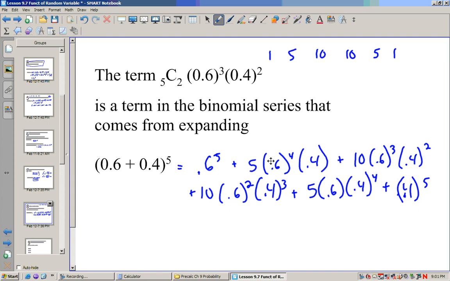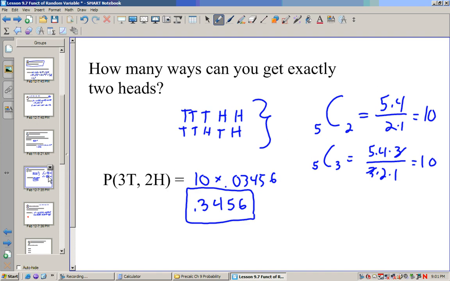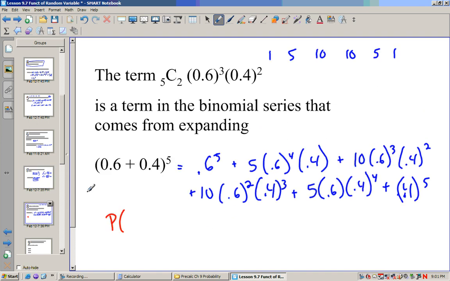Now each term represents a different probability. So the probability that it hits heads 0 times will be 0.6 to the fifth.